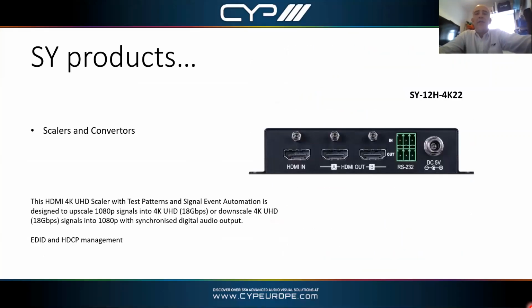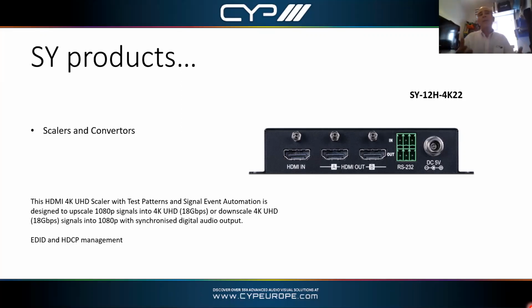Yeah, basically, if you need to change one thing into something else, it's very, very likely that we do something that does it. So either you want to just convert HDMI to VGA or VGA to HDMI, probably more appropriately, for something old to be incorporated in something new, then we're going to do it.